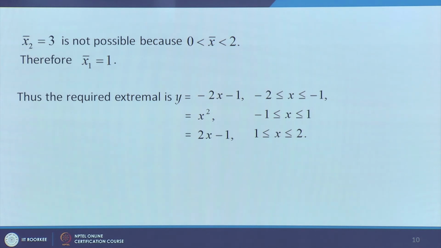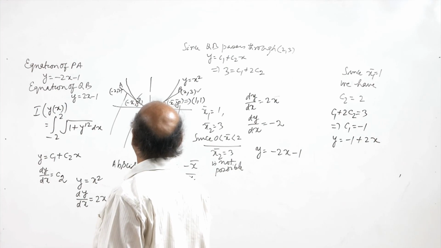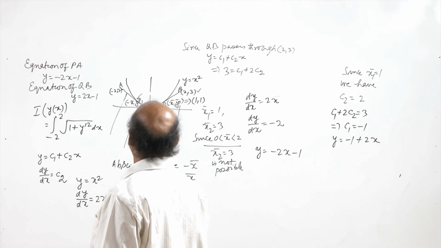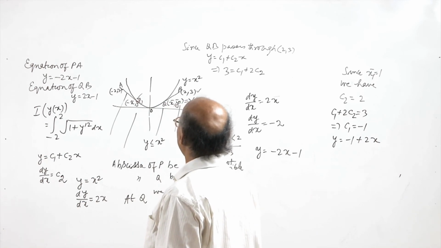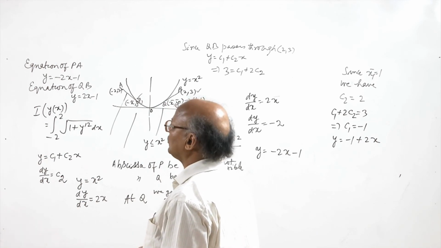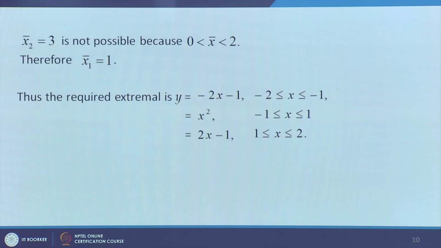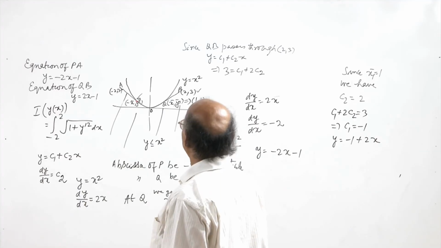The extremal will coincide with the tangent, the straight line AP, which is tangent to the parabola at the point P. The equation of AP is y equal to minus 2x minus 1. So, y equal to minus 2x minus 1 when x lies from minus 2 to minus 1, and then the arc of the parabola POQ.